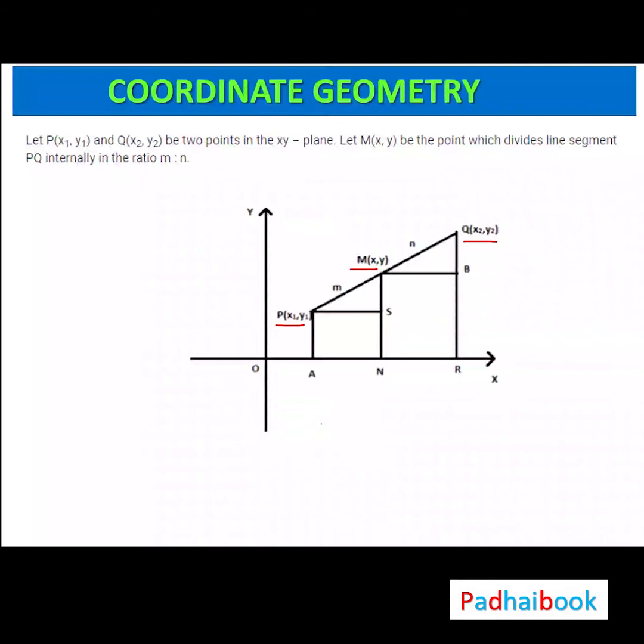If you just see this figure, PA, MN and QR are the perpendiculars on the x-axis. If I just extend them, they will be the perpendiculars, and MB will be the perpendicular on the y-axis. Now I will find the coordinates of the point M in terms of x1, y1 and x2, y2. So let's see the next.